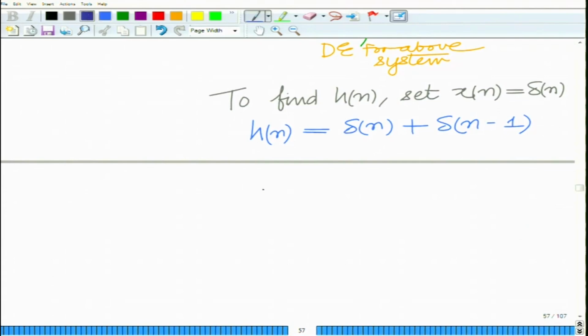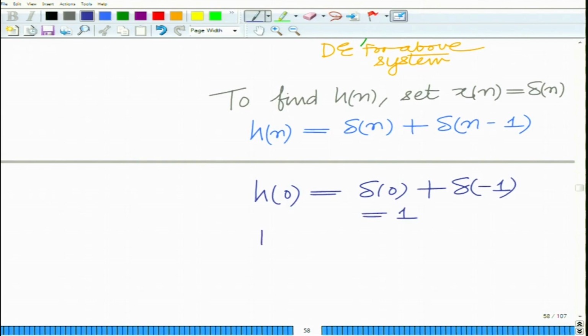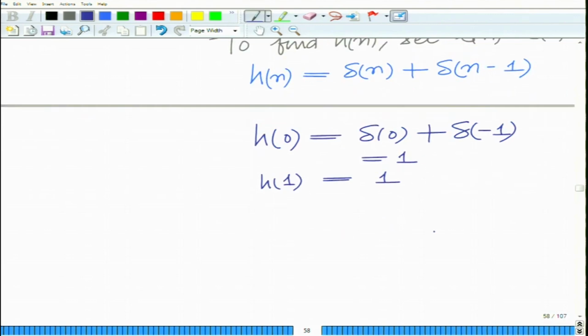Now, you can see h of 0 equals delta 0 plus delta 1 equals 1. Similarly, h of 1 equals 1, and h of n for all other n equals 0, for n not equal to 0 or 1. So, the impulse response is very simple: for n equal to 0, h of 0 is 1, for n equal to 1, h of 1 is 1, and for all other n, h of n is 0.